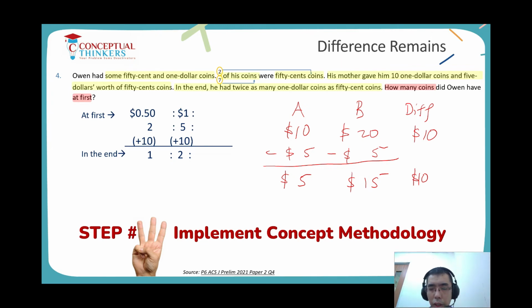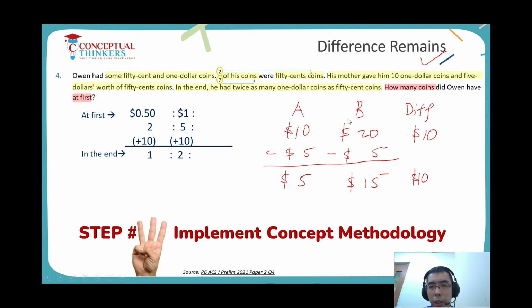So from here you can conclude that as long as the quantity of change is the same for both parties and the operation that causes the change is the same, for example in Owen's question both of them increased by 10, the difference at first and the difference in the end will be the same. That is why we consider that our difference remains concept.